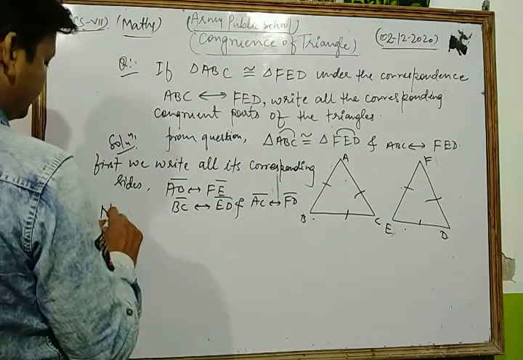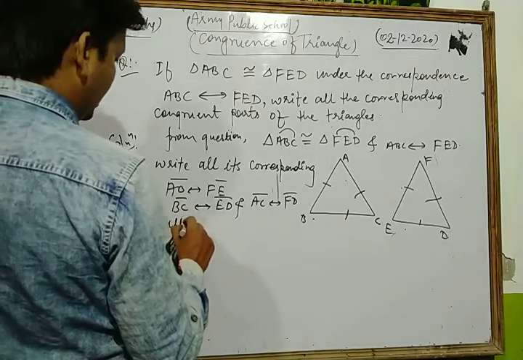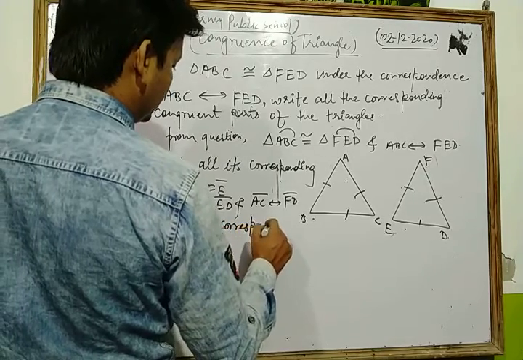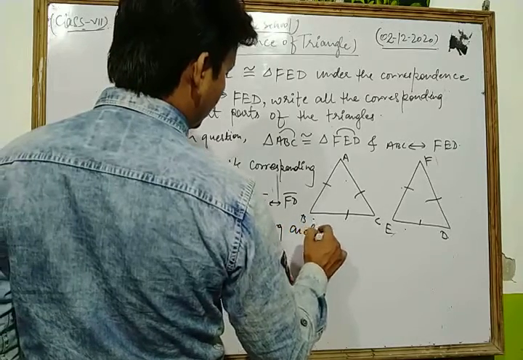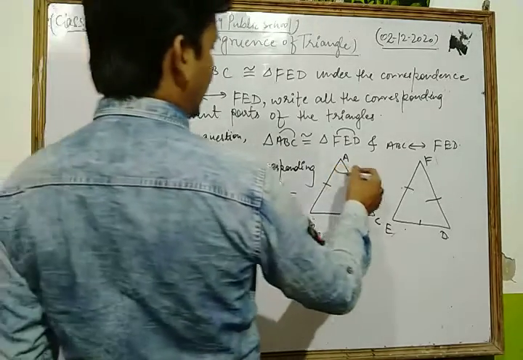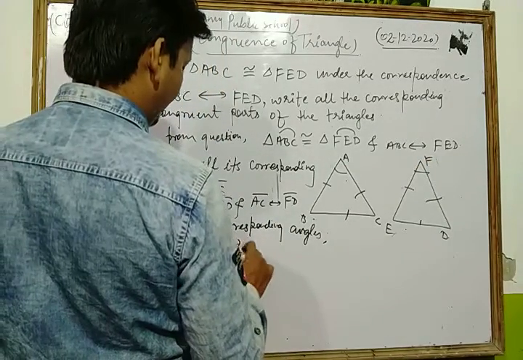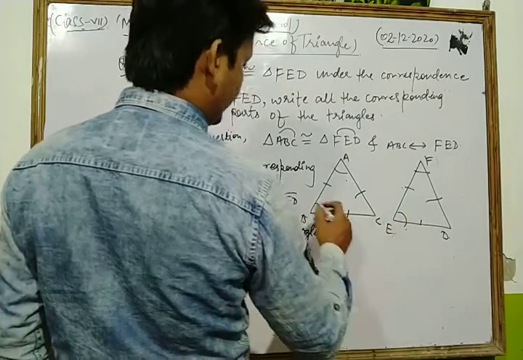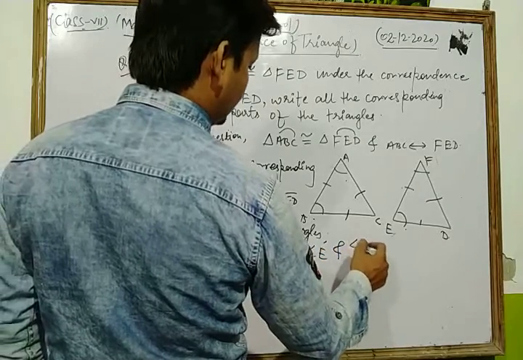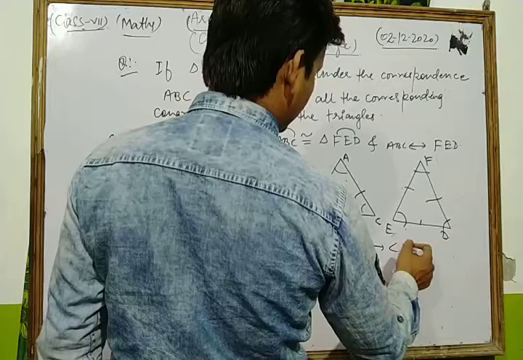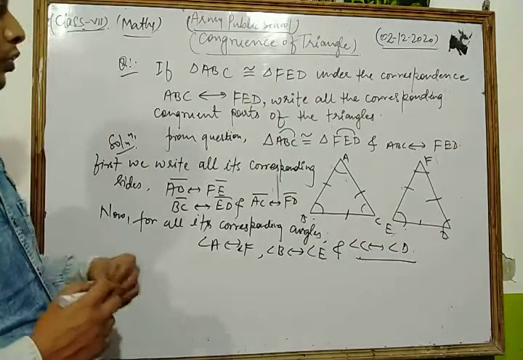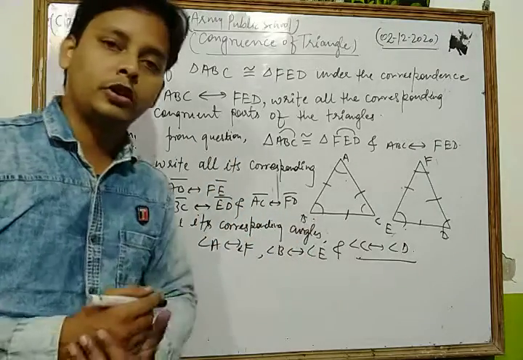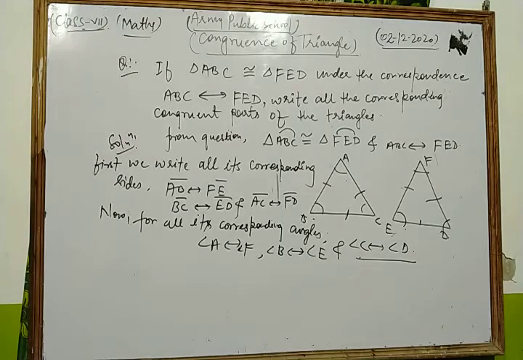So for all the corresponding angles: angle A is equal to angle F, angle B is equal to angle E, and angle C is equal to angle D. This is the total of all the corresponding congruent parts of the triangles.